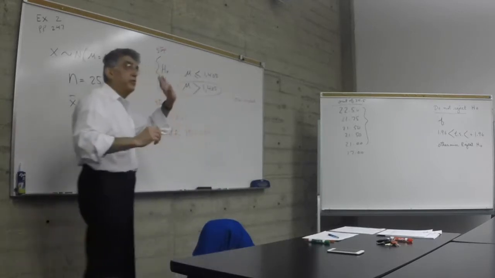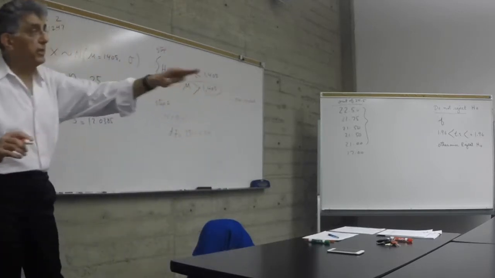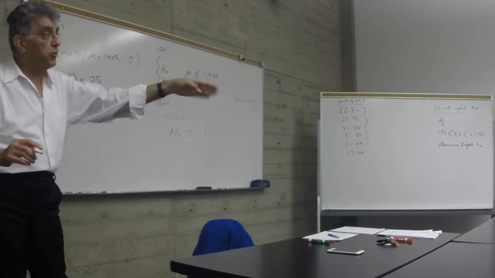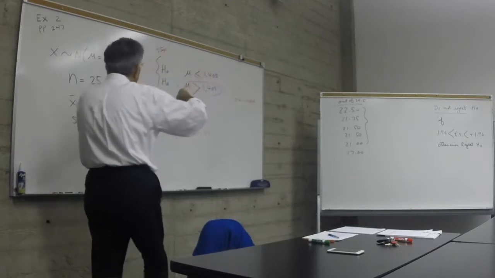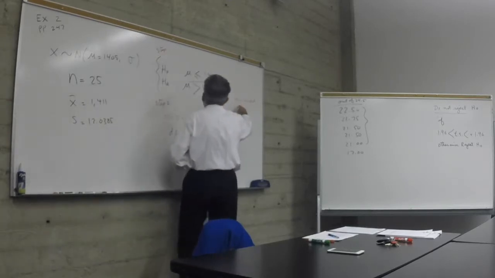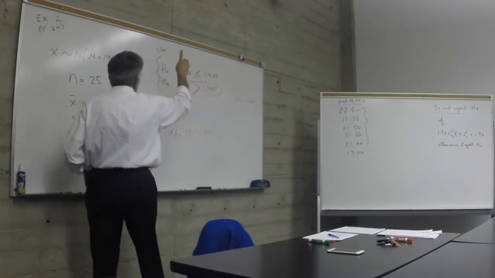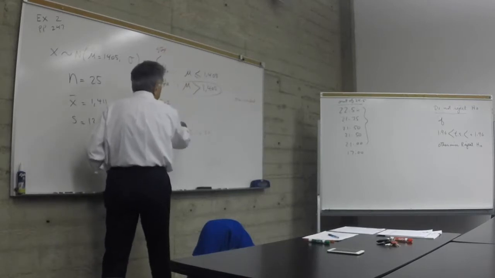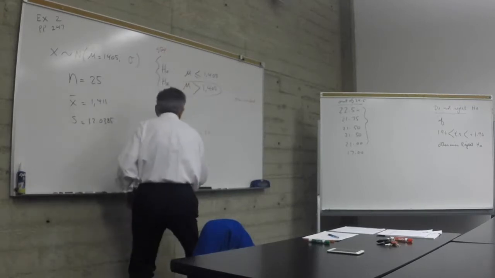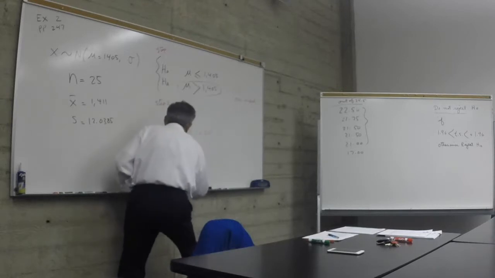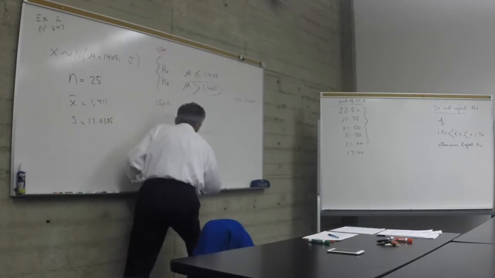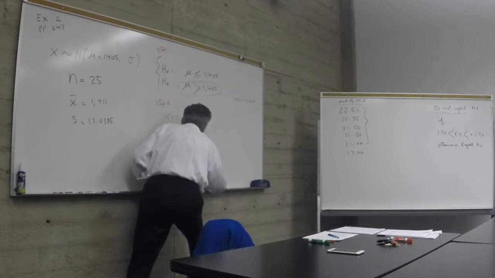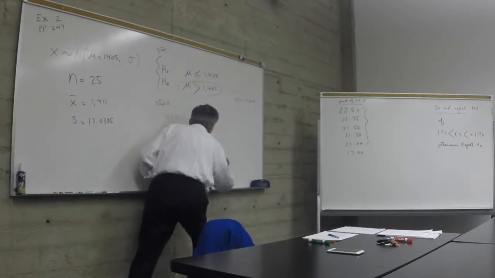So we go to the t-table, concentrate on the row of degrees of freedom 24, and then read across until we get to one-sided 99%. So t of one-sided alpha of 1% and degrees of freedom of 24 is equal to what?